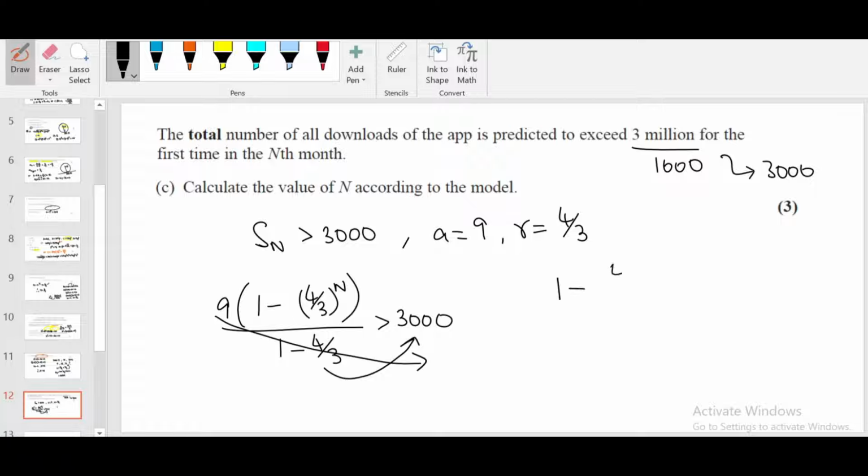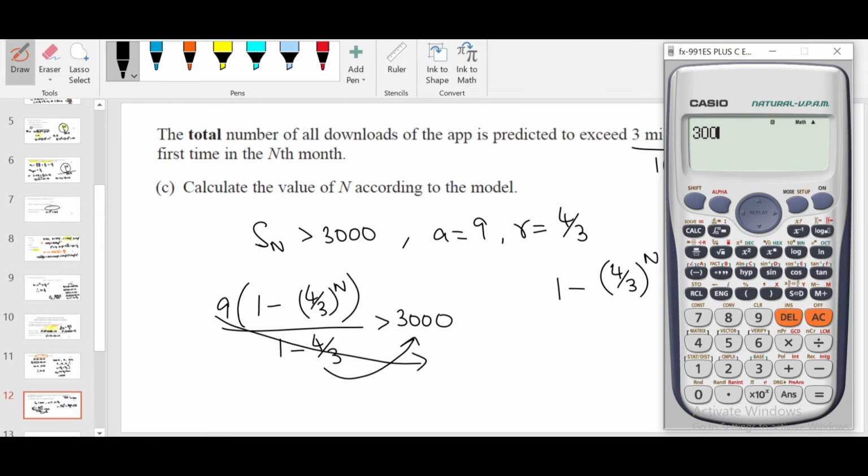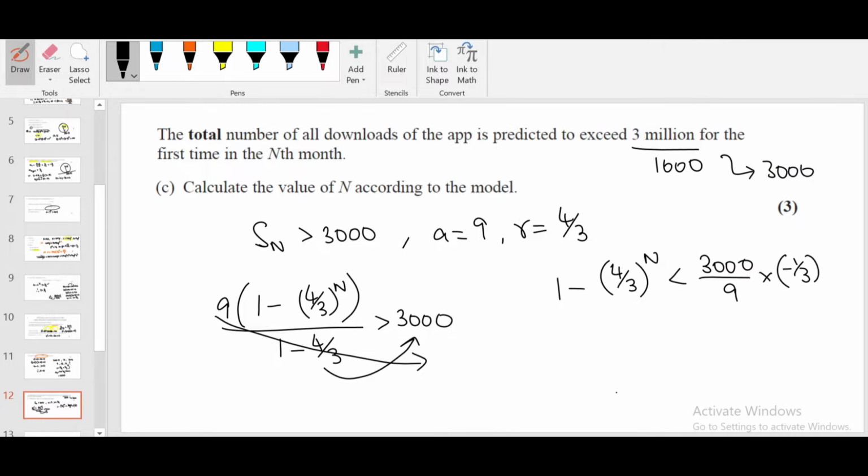Multiply by this and bring the 9 as a division. So you get 1 minus (4/3) to the power n is less than, and you need to flip the sign because you are multiplying by a negative number, 3000 divided by 9 times negative 1 over 3, which is negative 1000 over 9.